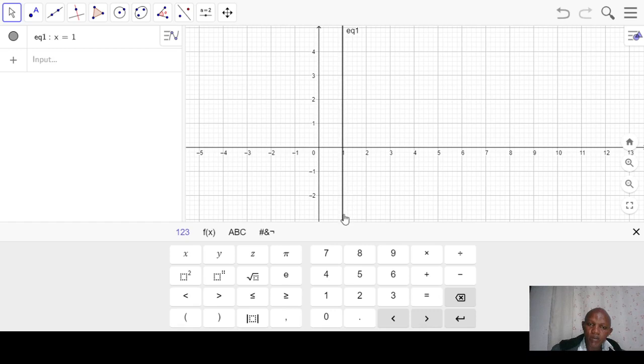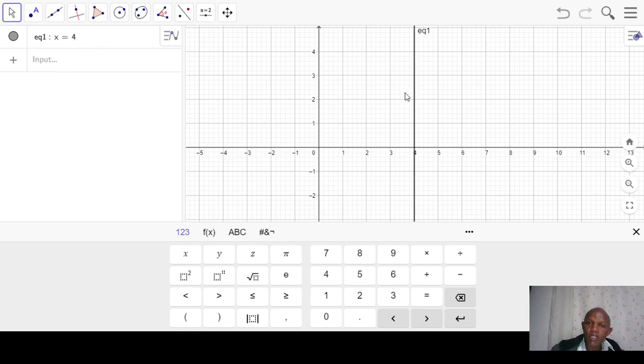Okay, suppose I said the value of x is 4. So how would you expect the line to shift? It will shift so that every point along the x value of 4 will be on that line.